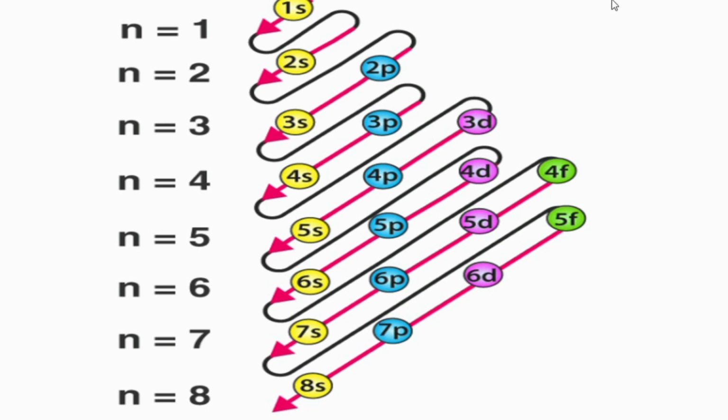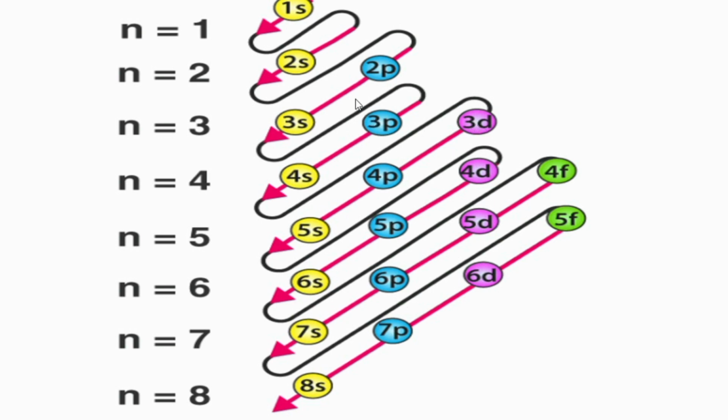We have the 1s orbital, which is principal quantum number 1. You first have to fill the 1s orbital before the 2s. Then from there you come to the 2p. Then you move on to the 3s, from the 3s to the 3p to 4s. Then from the 4s you move to the 3d before 4p, in that order.